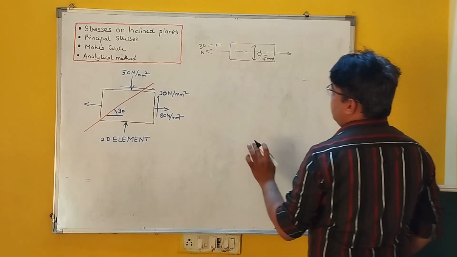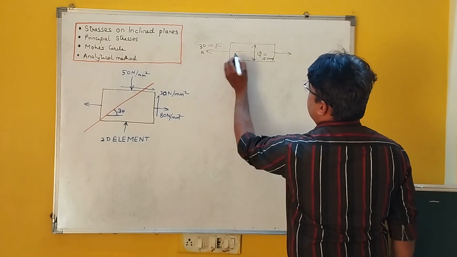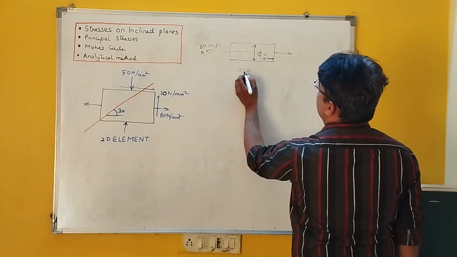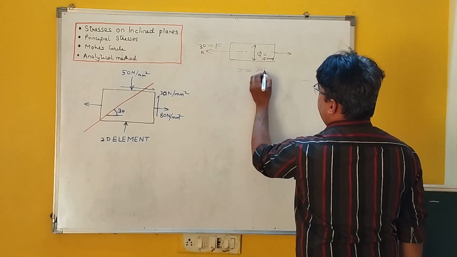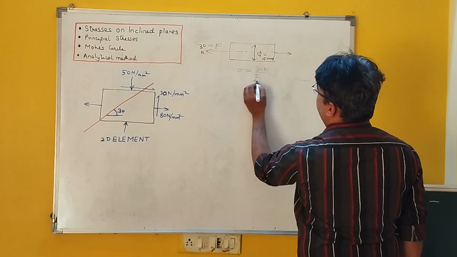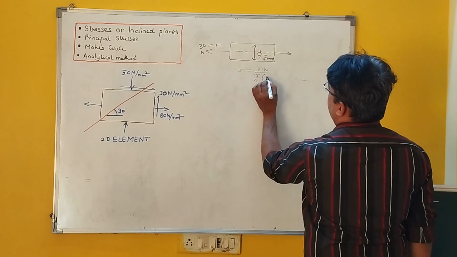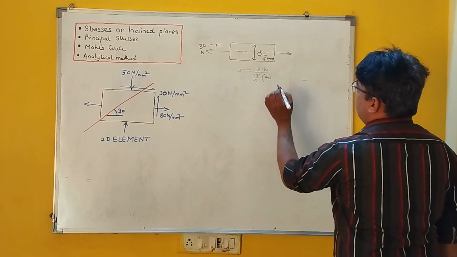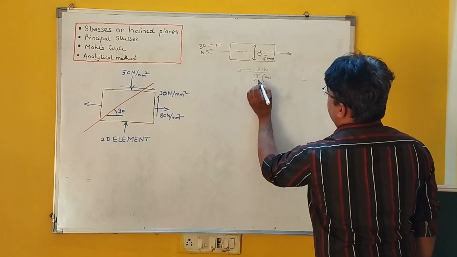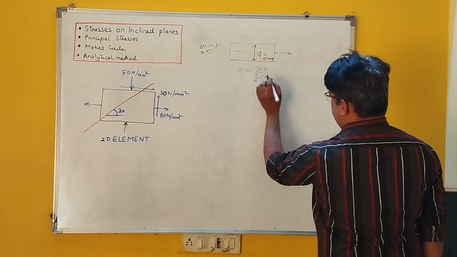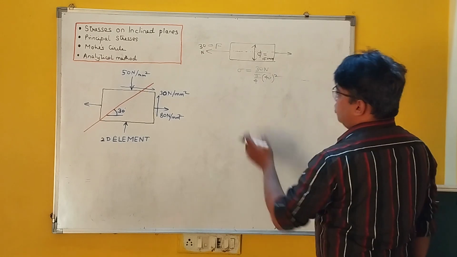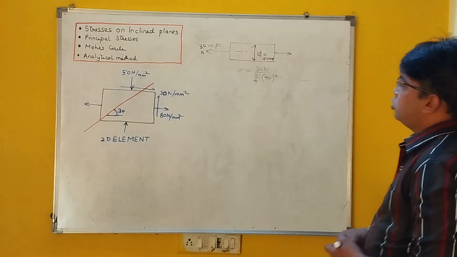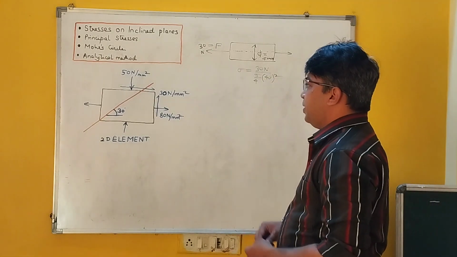So simply we can write normal stress sigma is equal to 30 Newton divided by pi by 4 into 40 square. Whatever the value is, we will get it. It is very simple to find.